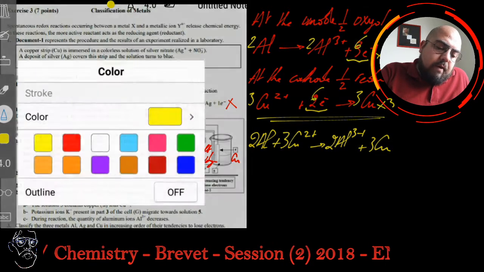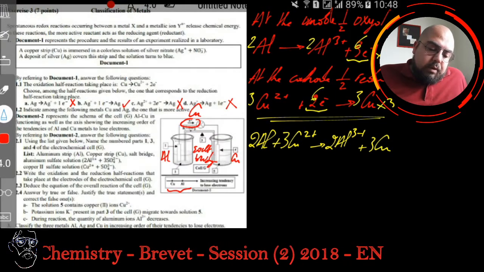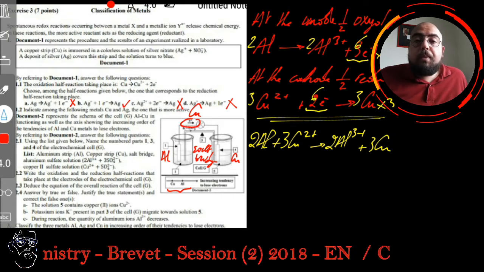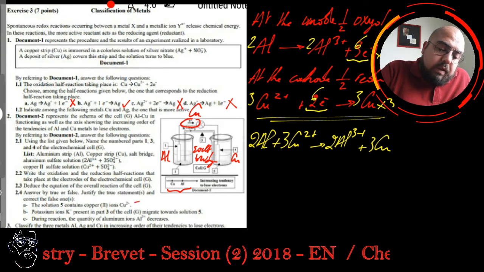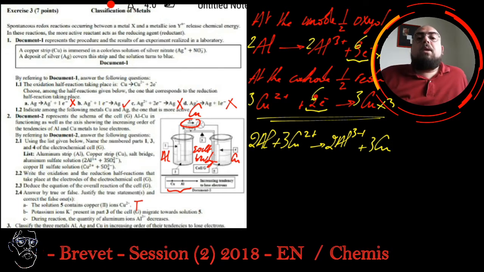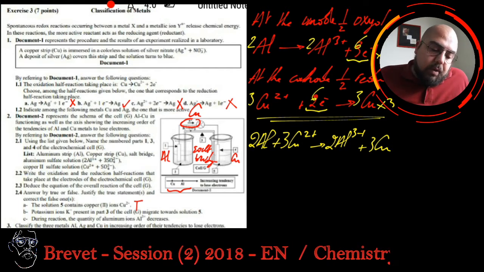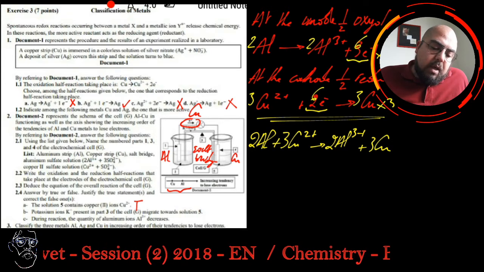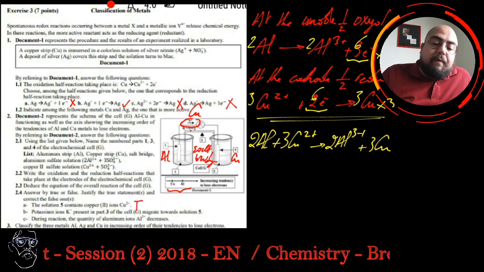So we have: the solution 5 contains copper 2 ions, Cu2+. Of course, it's a true statement simply because we have the copper strip, which should be immersed in a solution containing Cu2+. Potassium K+ present in part 3 of the cell migrates towards solution 5.